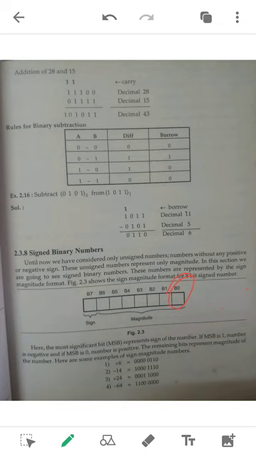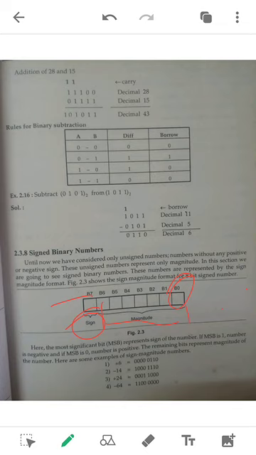Okay, so B0 to B6, here you can see this is called the magnitude. The number's magnitude is represented from B0 to B6. B0 to B6 is called the magnitude, and the last one, called the MSB, is used to indicate the sign. Whether the number is positive or negative is indicated by the sign held by B7 or MSB.